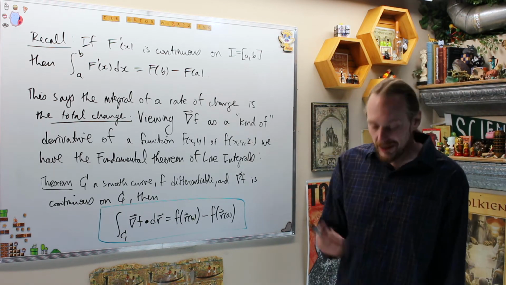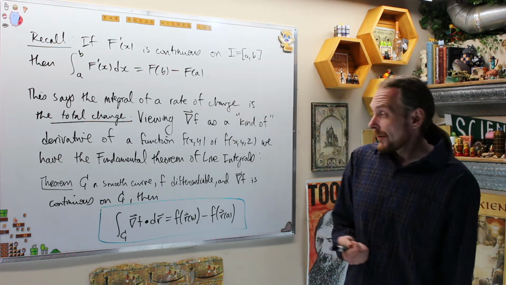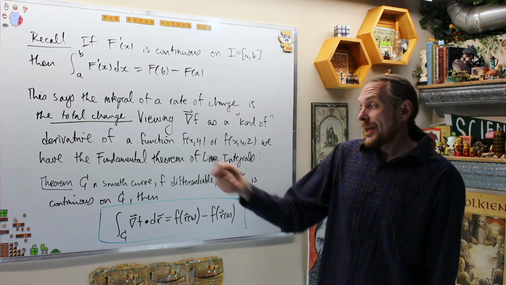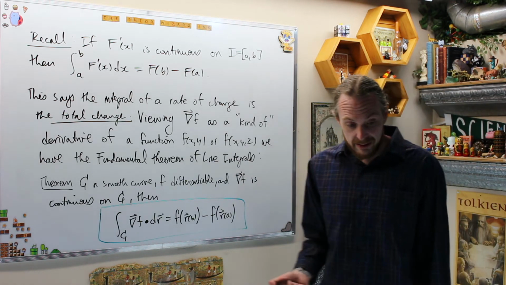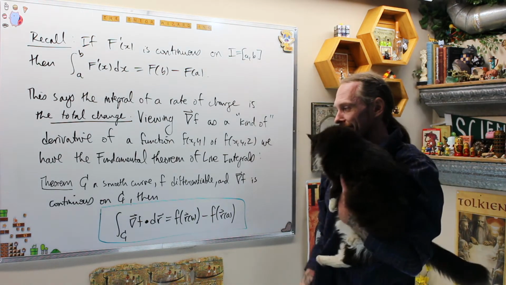Viewing the gradient function as a kind of derivative of a function of 2 or 3 variables, we have an analogous statement, the fundamental theorem of line integrals. I know, this is the exciting part.